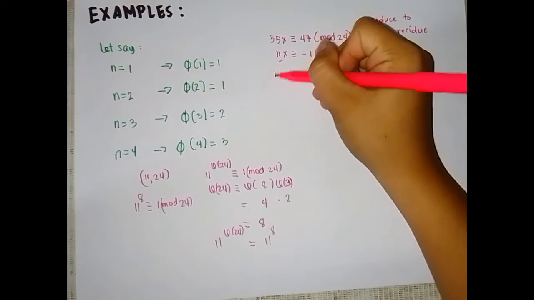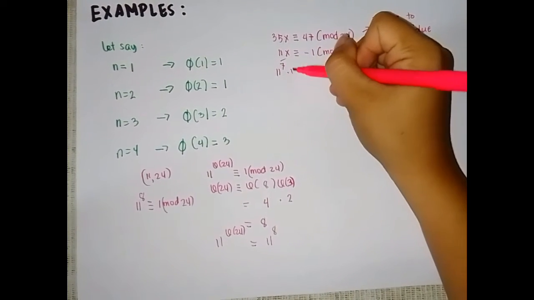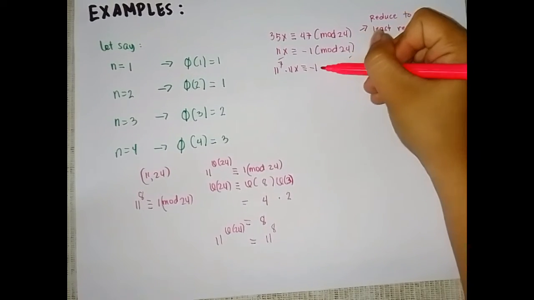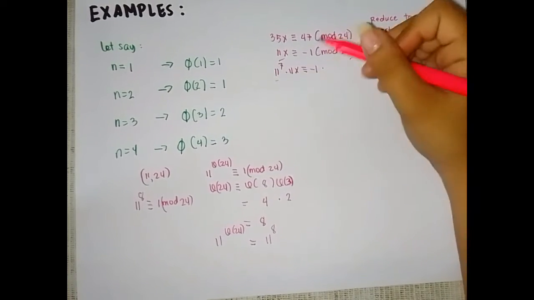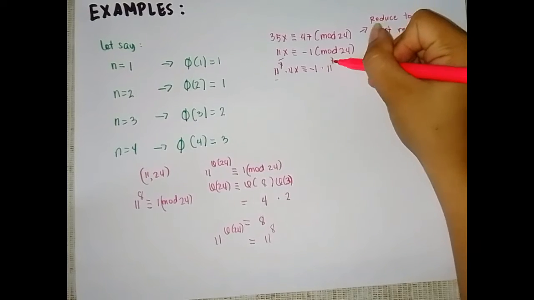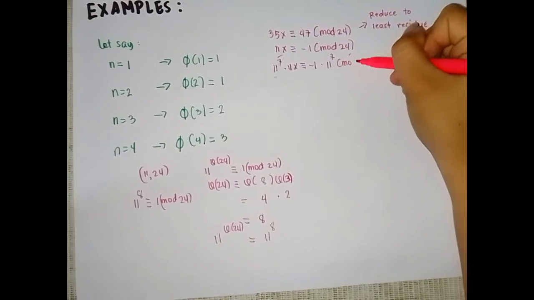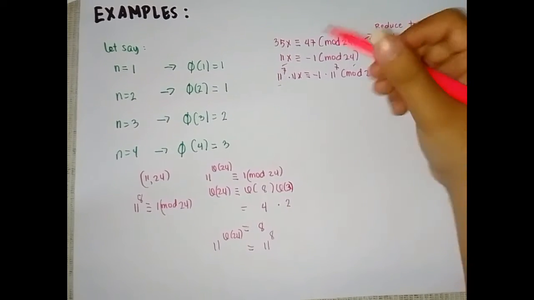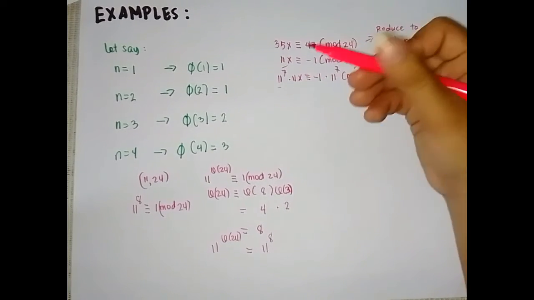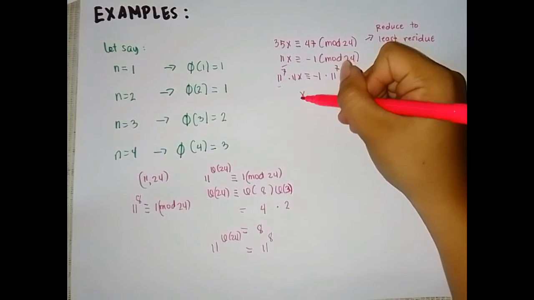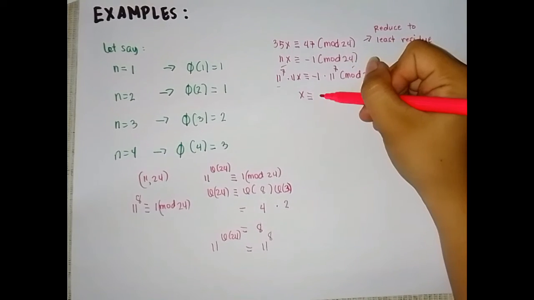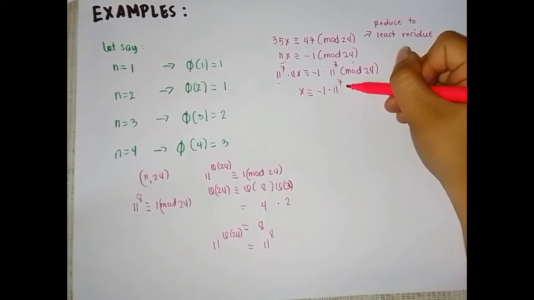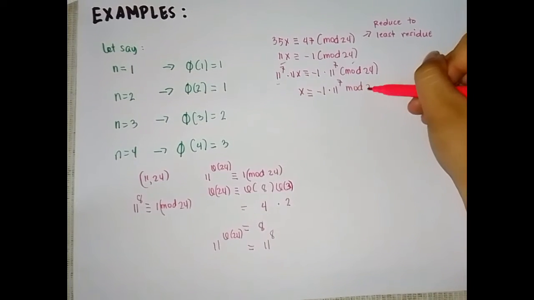So we have 11 to the power of 7 times 11x equivalent to negative 1 times 11 to the power of 7 mod 24. Next, 11 to the power of 8 is 1. So we have x equivalent to negative 1 times 11 to the power of 7 mod 24.